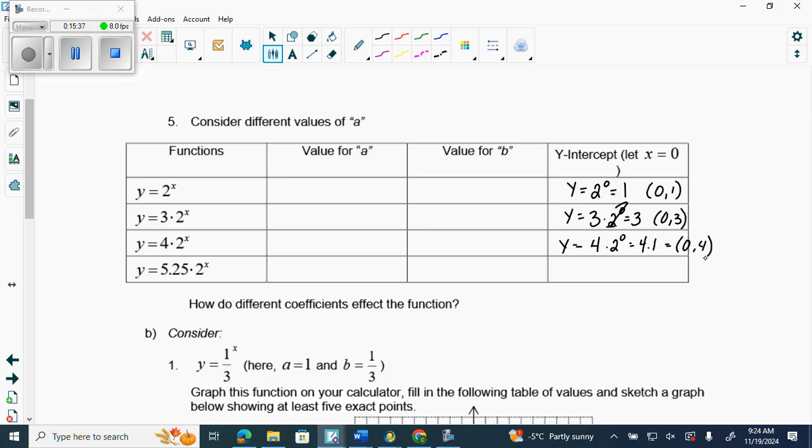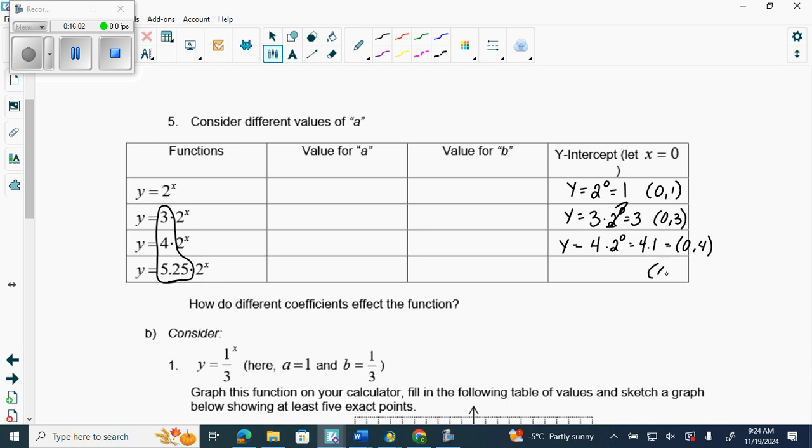Let's think about it. What are these in transformations? Vertical stretches. What's my original's y-intercept? 0, 1. And what am I going to stretch them by? 3, 4, 5.25, hence why they're 0, 3, 0, 4, 0, 5.25.